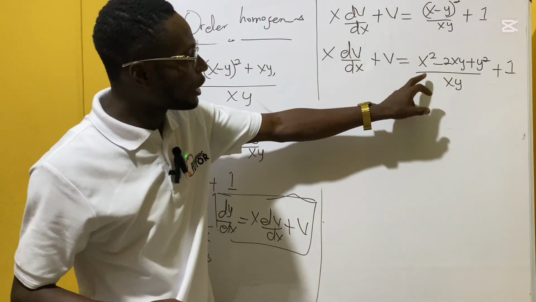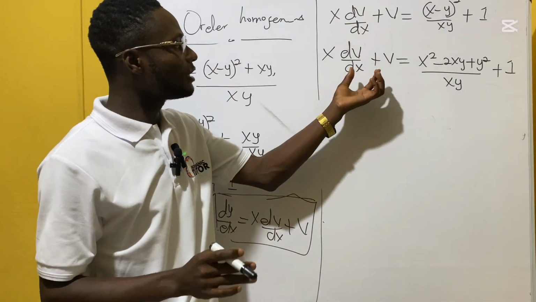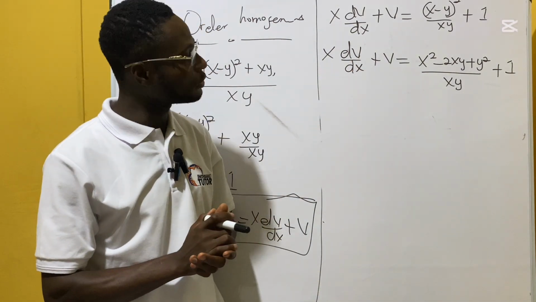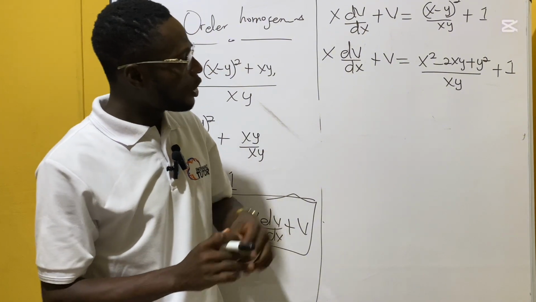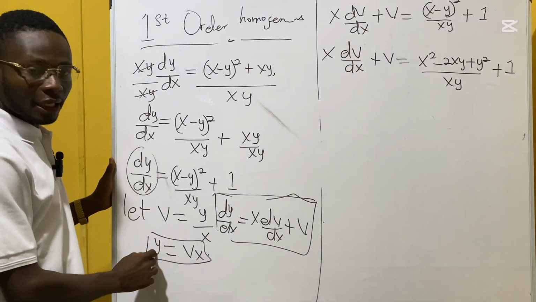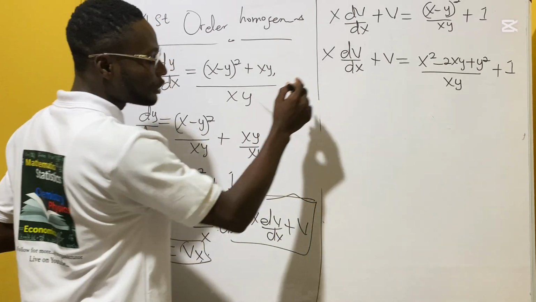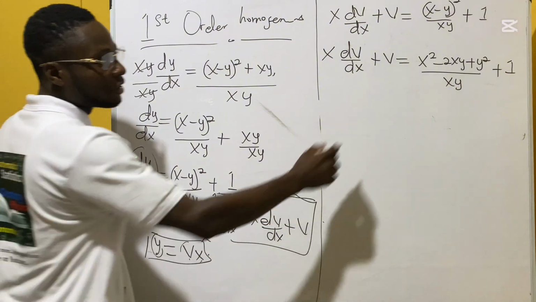Okay, so here, what can we do? We want to separate the variables. So we said that vx is equal to y. So wherever we see y, we can do this substitution. So let's substitute vx in place of y.